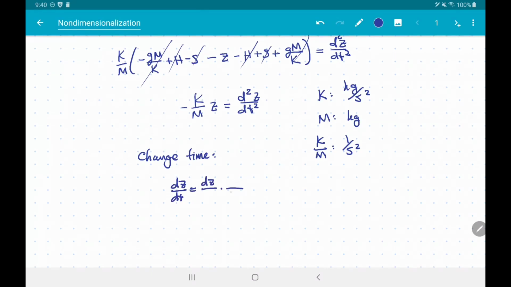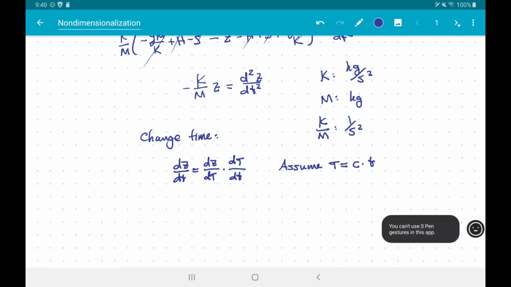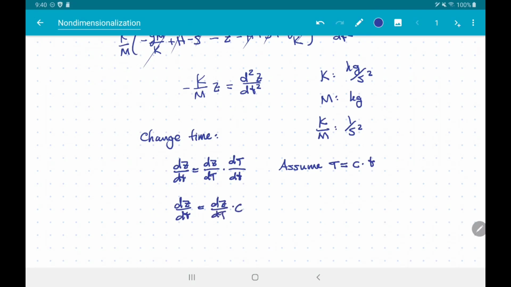I will insert a new time-like variable d tau, like so. And furthermore, I'm going to assume that tau is equal to just some constant times t. So that gives me dz over dt is dz over d tau times c.